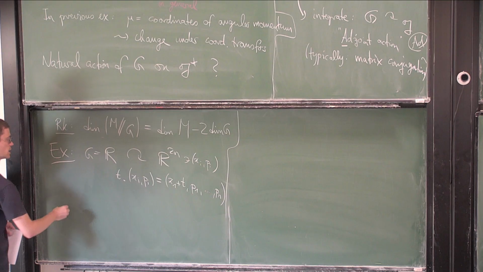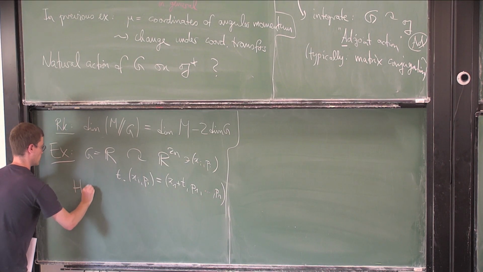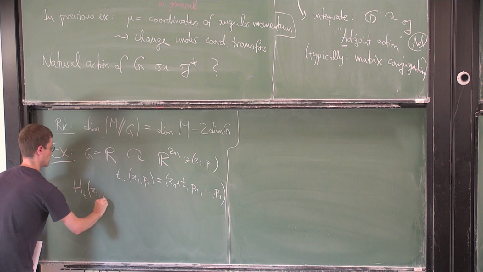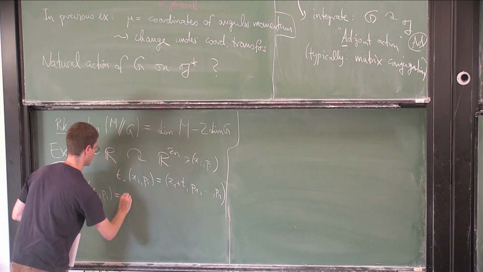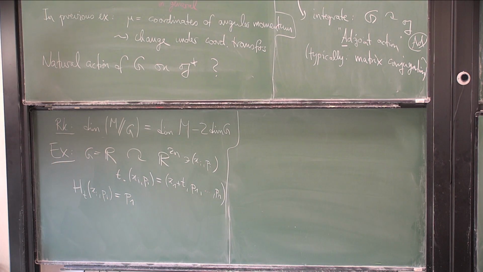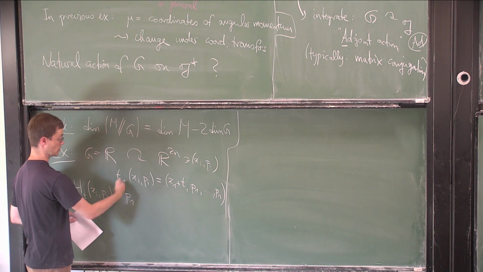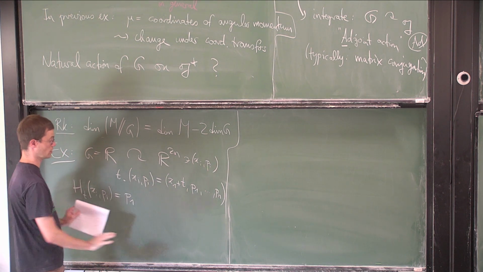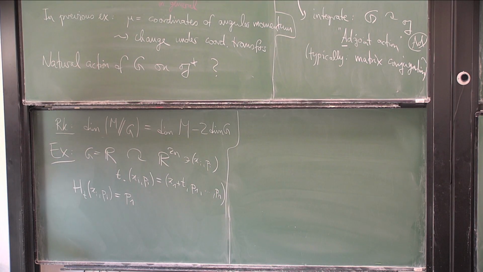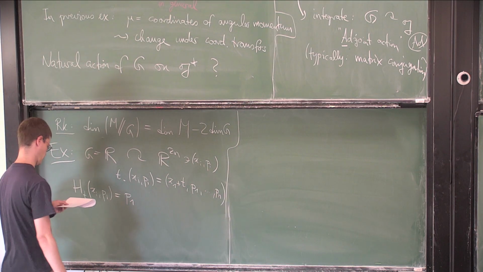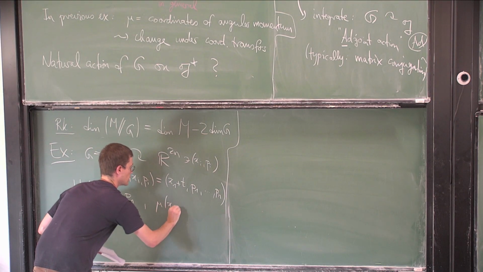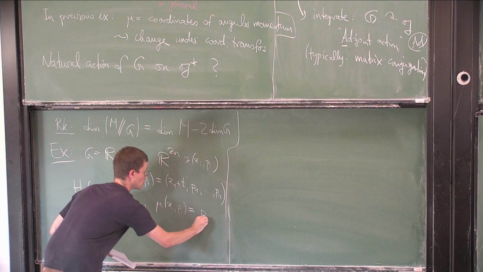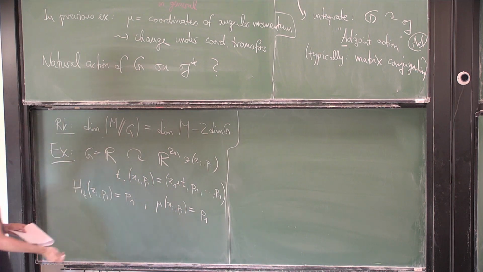We have already seen that the Hamiltonian associated to this is p_1. In other words, using p_1 as Hamiltonian gives you this flow along x. So the moment map mu of x_i, p_i can be identified to be just p_1. The conserved quantity is p_1.